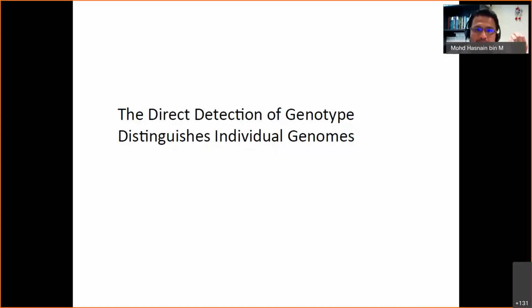So it can occur anywhere, and basically we can detect the difference. So direct detection of genotype distinguishes individual genomes.